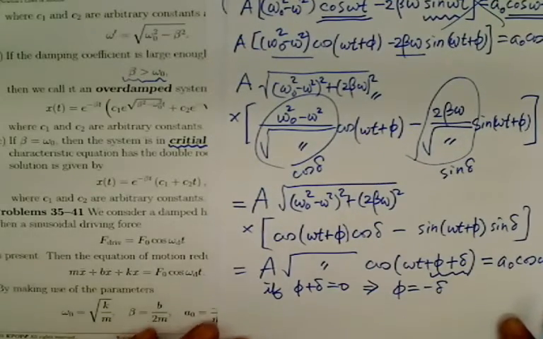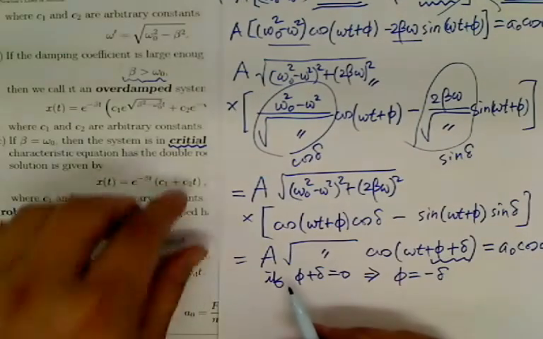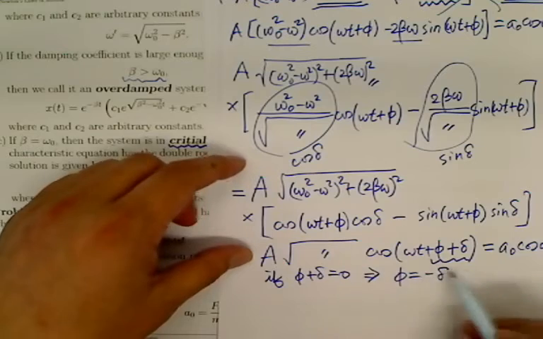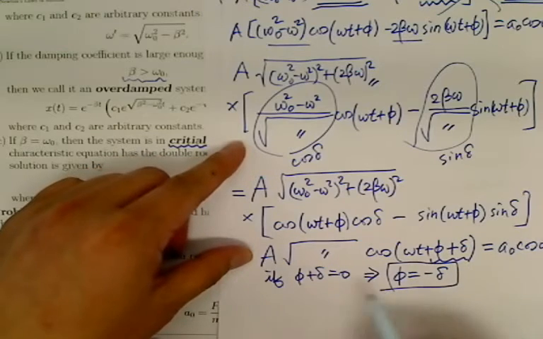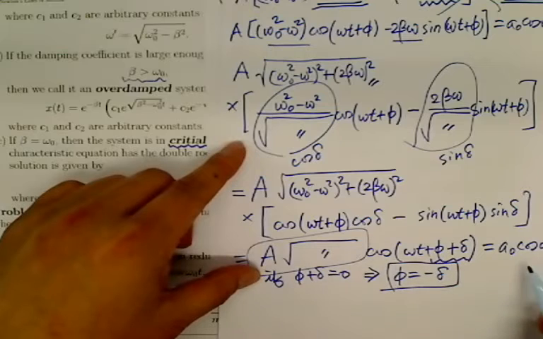Therefore, our final result is this guy, the amplitude A times the square root, and this is A0.